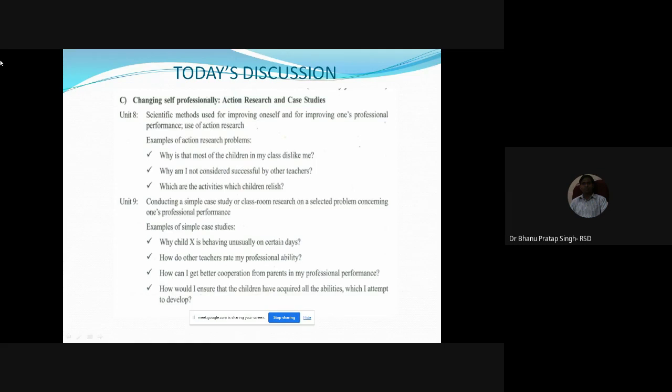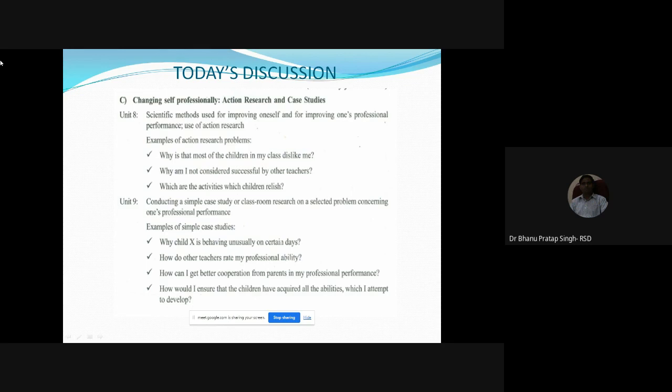There are examples: how a child is behaving unusually on certain days, how the other teachers rate my professional ability, how I can get better cooperation from parents in my professional performance, and how would I ensure that the children have acquired all the abilities which I attempt to develop among the child. And from this, the case studies are not defined, how many we have to take.